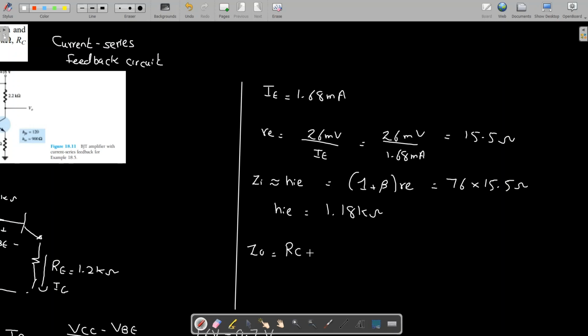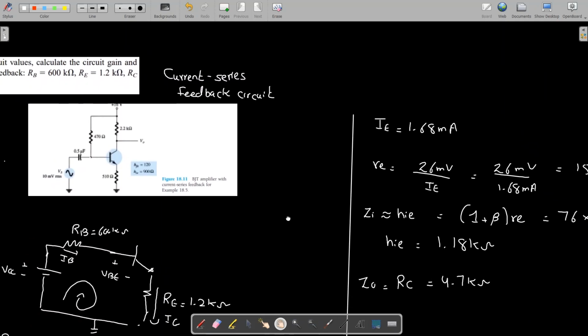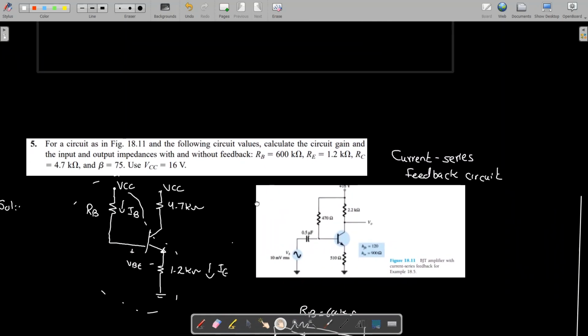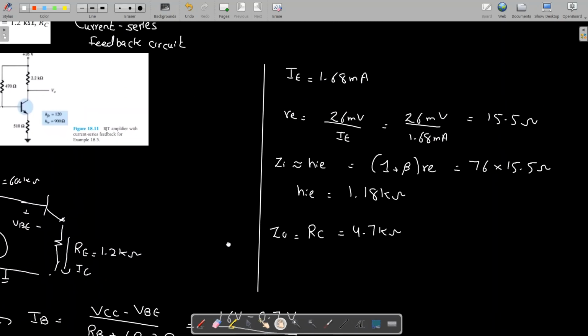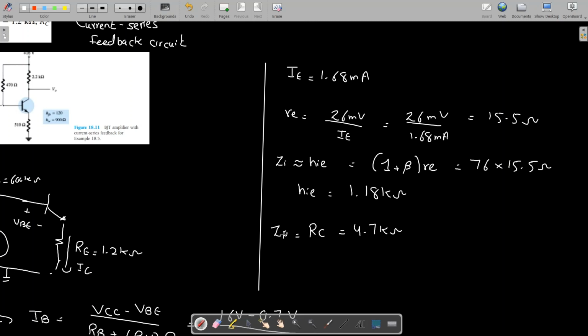And RC is given to you, that this is 4.7 kilo ohm. You see this question, RC is 4.7 kilo ohm. So we have found out the input impedance without feedback and the output impedance without feedback.